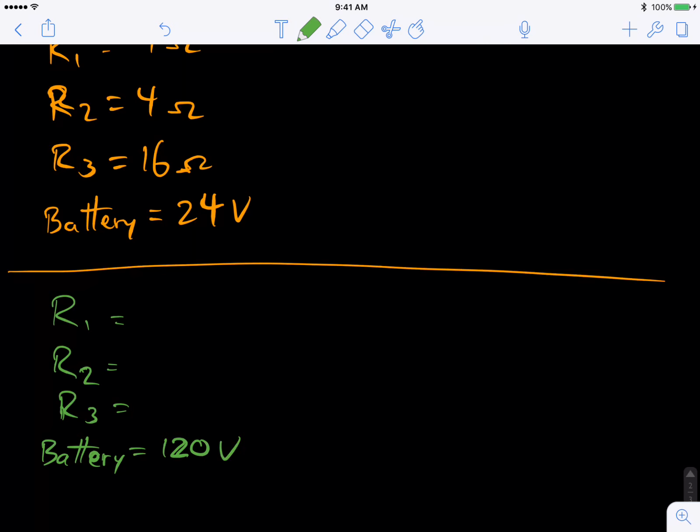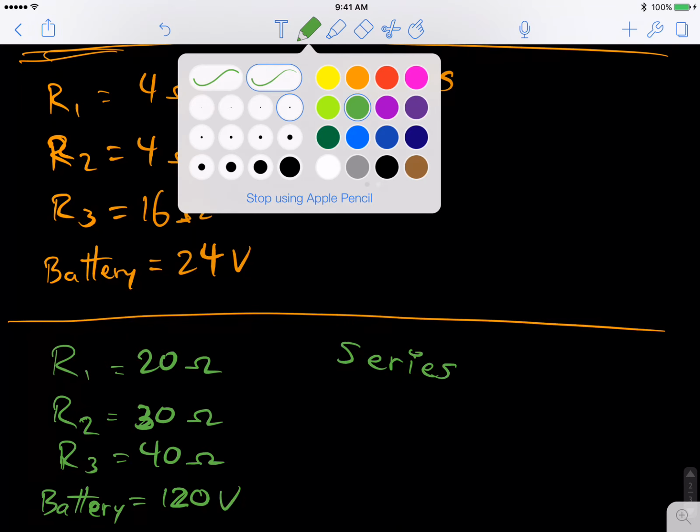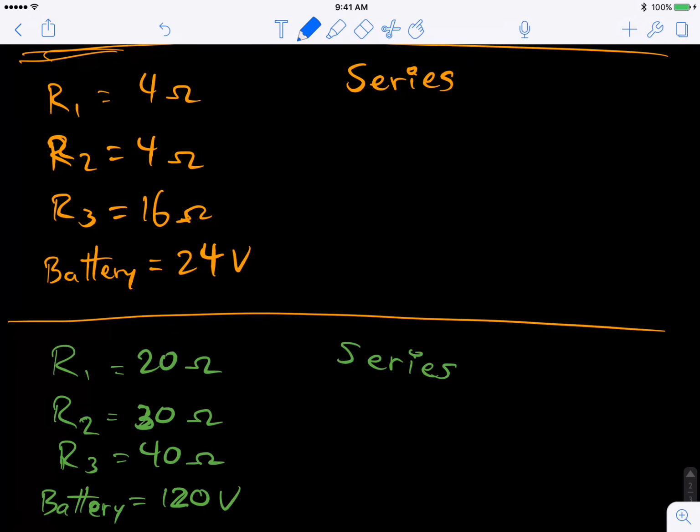And now your resistors are going to have 20 ohms, 30 ohms, and 40 ohms. And again, wire them in series. And you're working to discover which bulb is brightest.